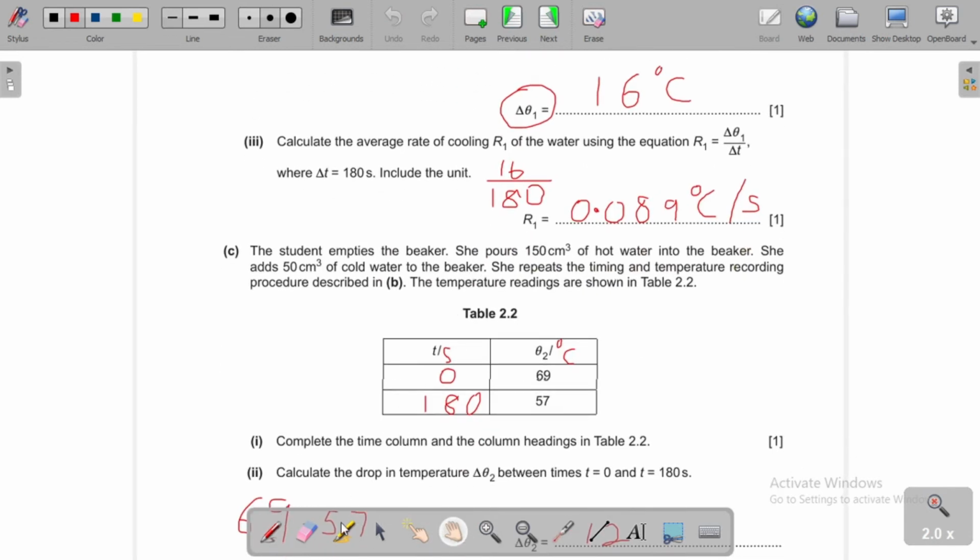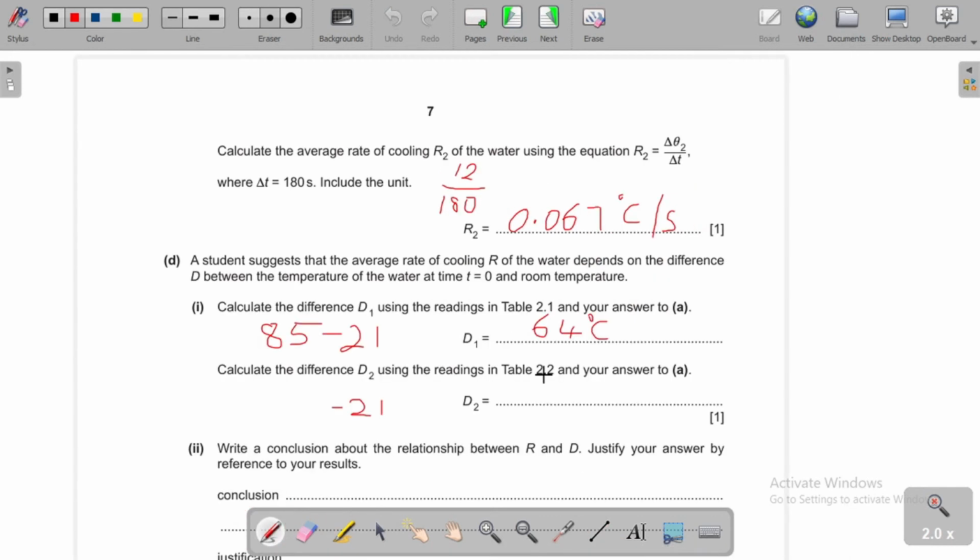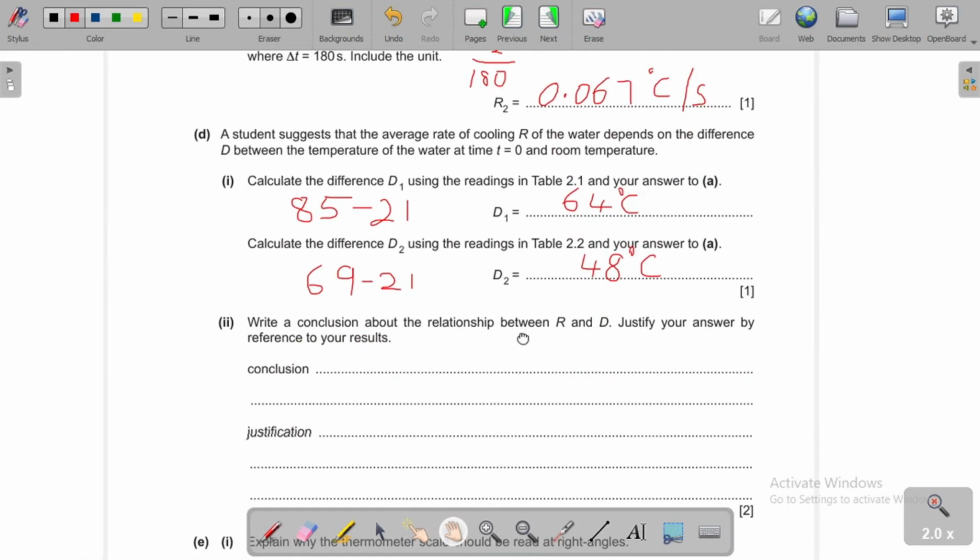It is 69. So 69 minus 21 is 48 degrees Celsius.